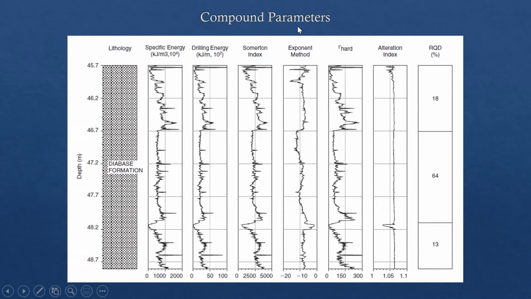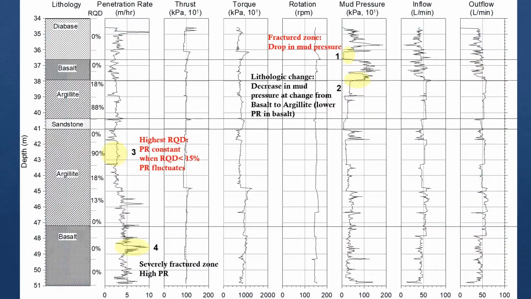Then you can look at the compound parameters. We looked at all the methods, and you can see that when you have something very sound, some of these parameters will be very smooth. So you're gaining experience as you do this. You start comparing the readings that you get with what you recover from the ground, and then you can build your database and your expertise that way.